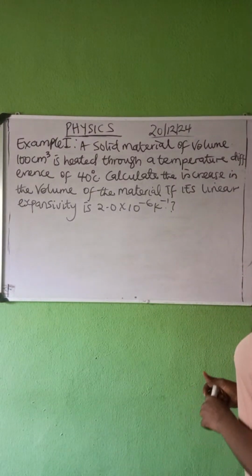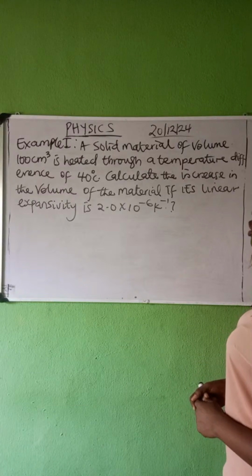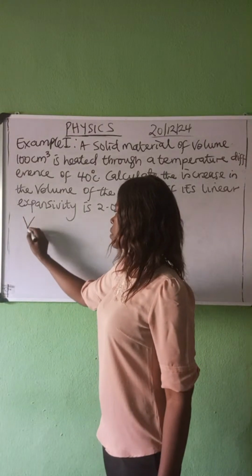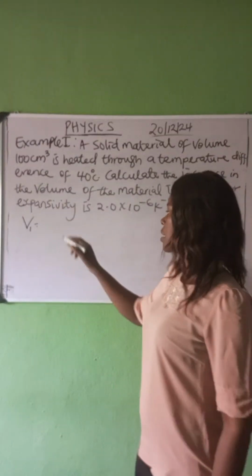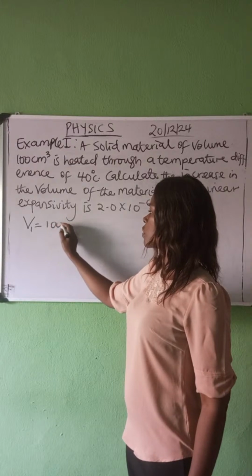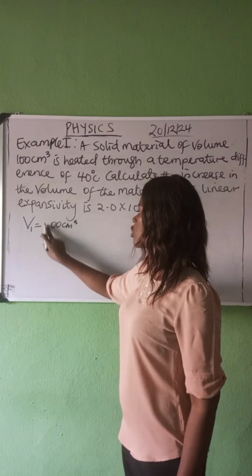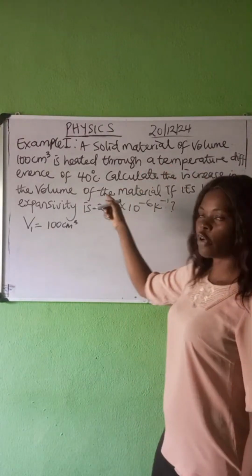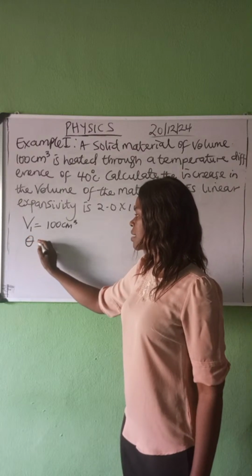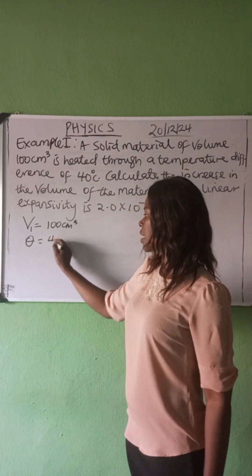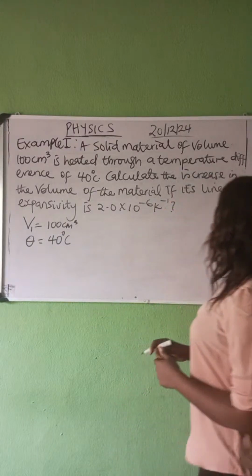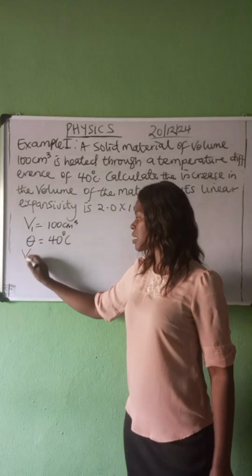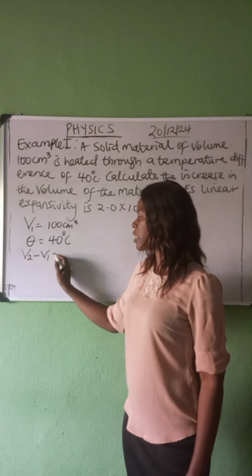Now, from the question, we are given a solid material of volume 100 centimeter cube. That is my original volume, before it's been heated. Now, V1 is equal to 100 centimeter cube. It is heated through a temperature difference of 40 degrees Celsius. So my theta, which is temperature difference, is given as 40 degrees Celsius. All right, calculate the increase in the volume. The increase in the volume, remember, is V2 minus V1.